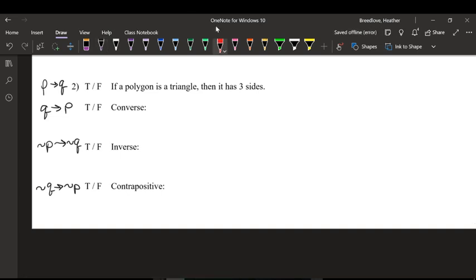Okay, so if a polygon is a triangle, then it has three sides. So then the converse is if it has three sides, then it is a triangle.